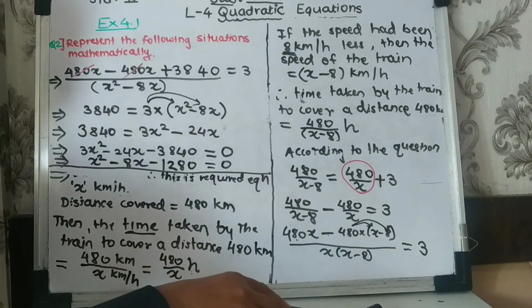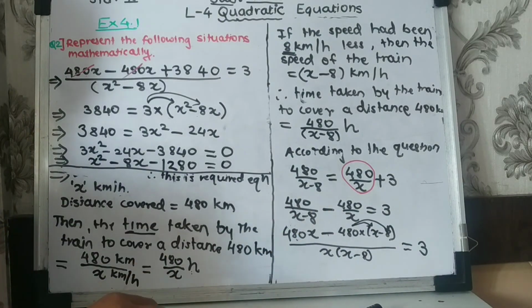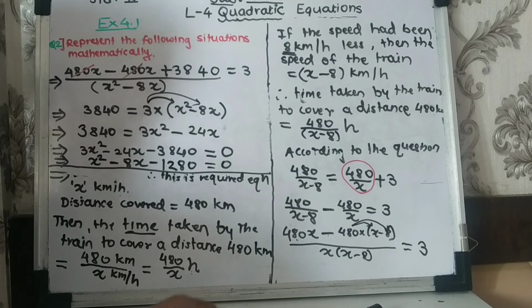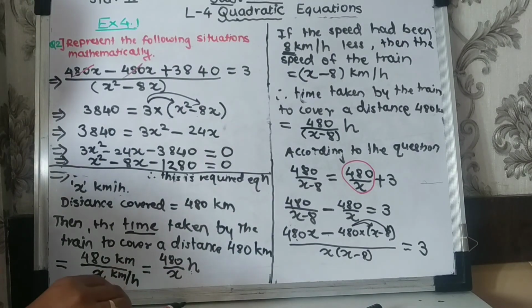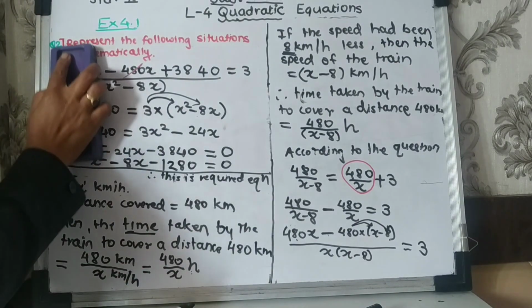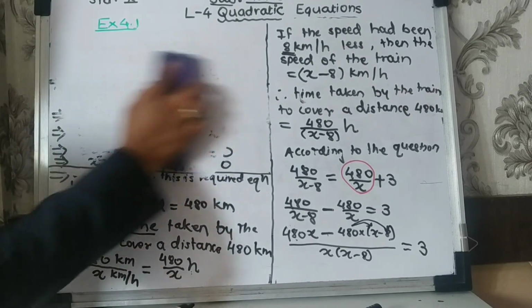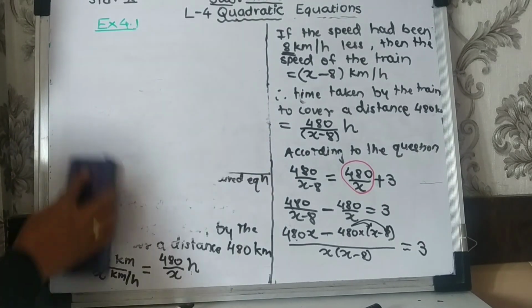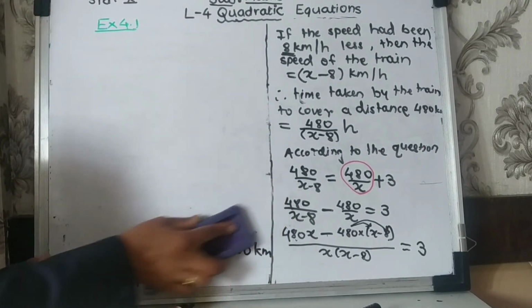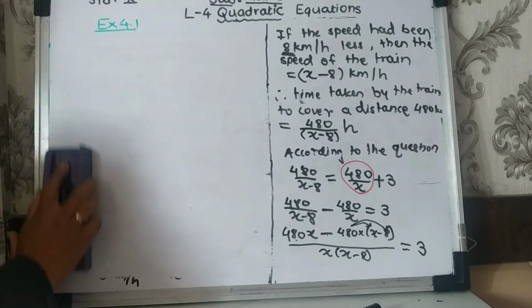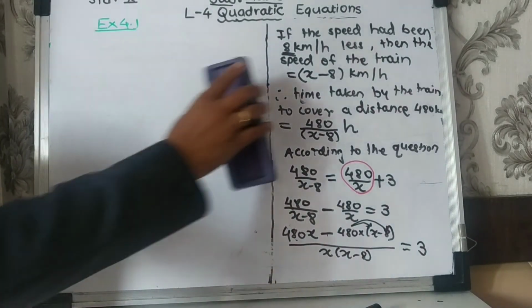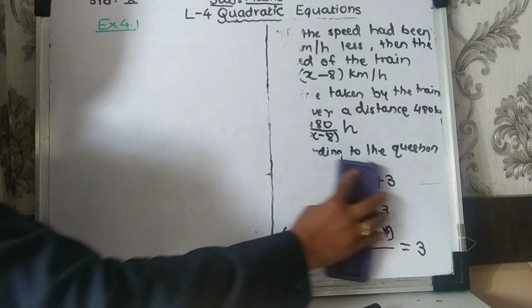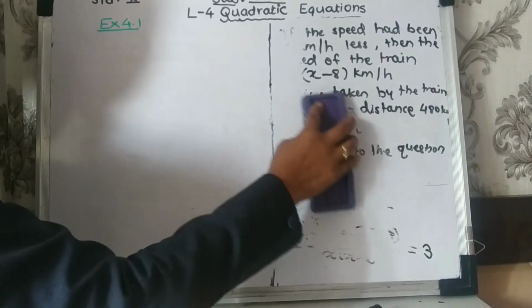Now, let us proceed with our question number 1, that is check whether the following are quadratic equations or not. To find out whether they are quadratic equations or not, what do we have to do? First of all, the very big thing is that we have to know the quadratic equations.